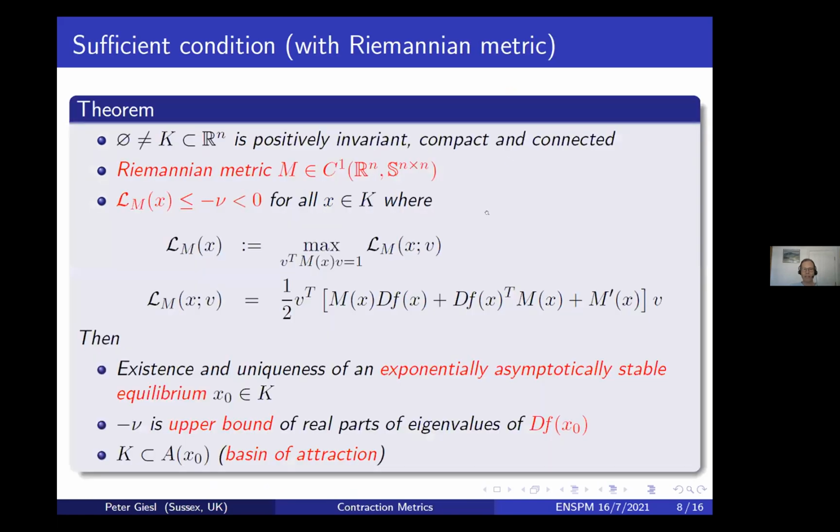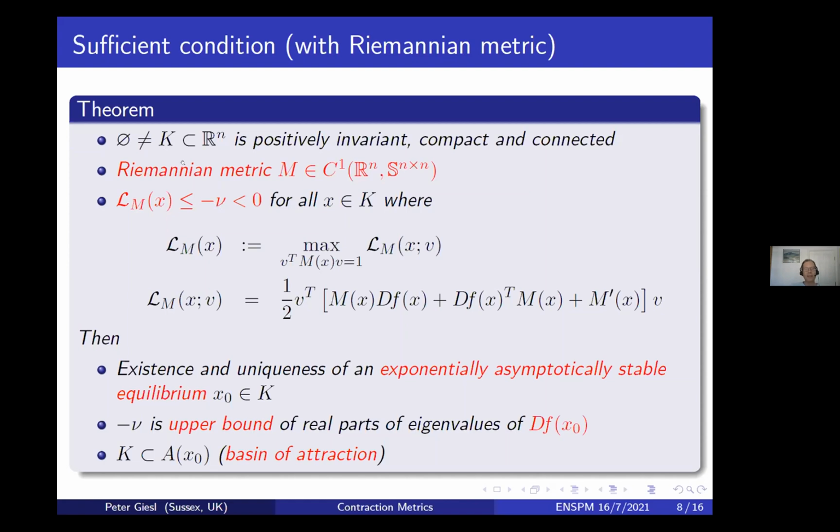So this gives rise to this theorem. This L_M should be bounded by minus nu, and again the L_M is defined in here. So this again is the point x, direction v. You have contraction, and you want contraction in all directions v. So we take the maximum of this with respect to all directions v which are normed, and you get this function L_M. And if this is bounded, then you get exponential attraction with rate minus nu.